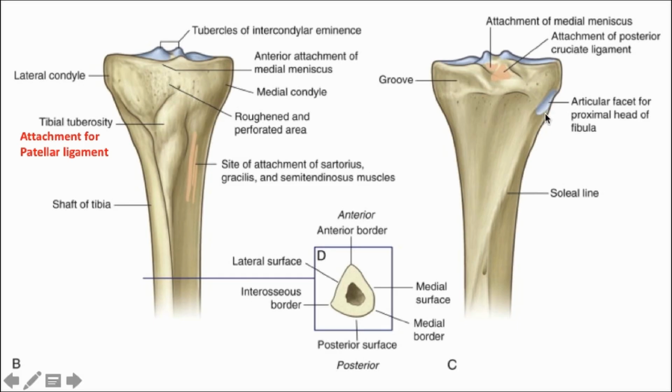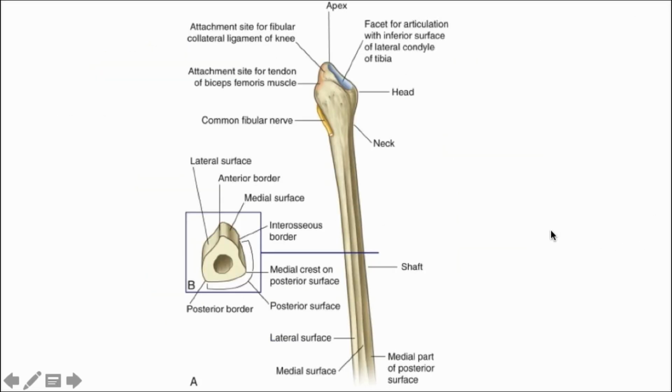What else do we have here? Here's the articular facet for the proximal head of the fibula. This is lateral, because we know that the fibula is lateral. We'll also talk a little bit later about the attachment of the ACL and PCL, the anterior and posterior cruciate ligaments. And as it says here, this is the attachment for the patellar ligament.